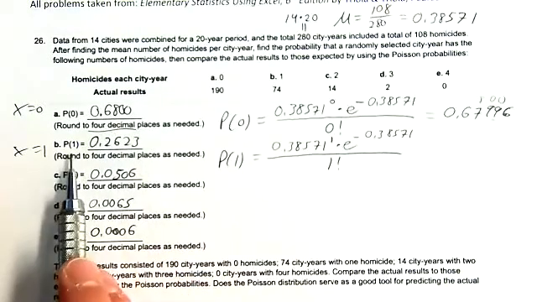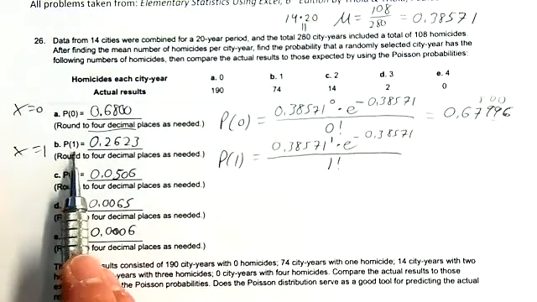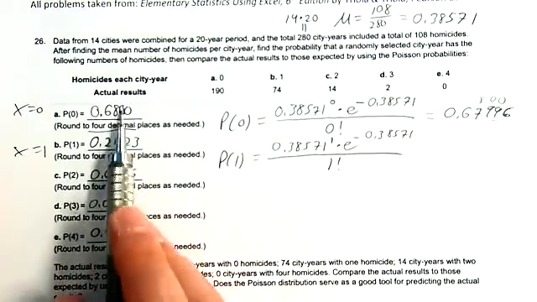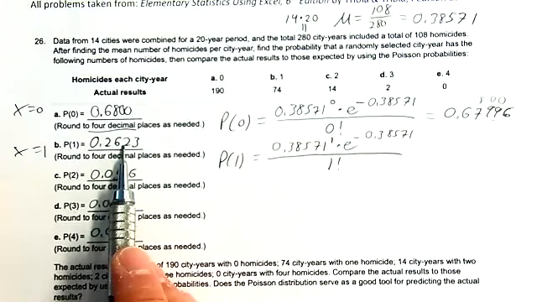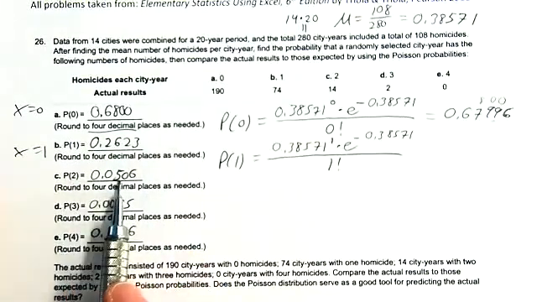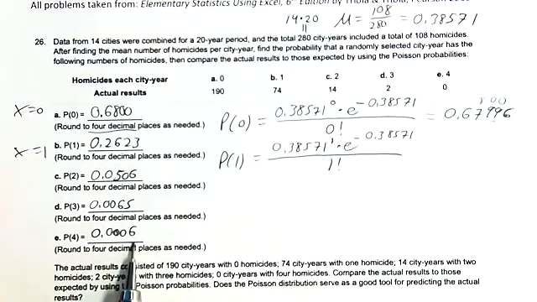And then the probability of exactly 1 homicide in any given year is 26%. These two right here are almost 100% by themselves. And then 2 homicides is down to 5%, 3 homicides is 0.6%, and 4 is 0.06%. So very small probabilities as your homicide numbers increase.